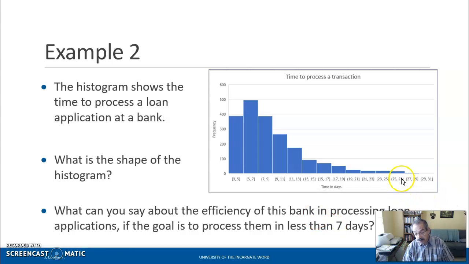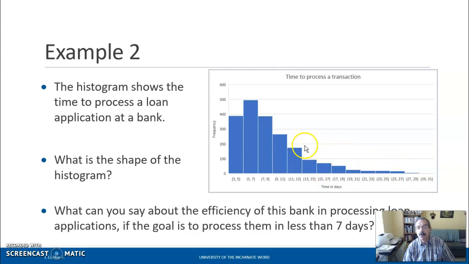In fact, there are cases where it takes almost a whole month to approve a loan. Only a few of them, of course, but you can see they are taking much longer than 7 days. This other 50%. So the bank needs to address the issue of how they process these loans, look at these loans that took a long time to be processed, and figure out why that is happening.